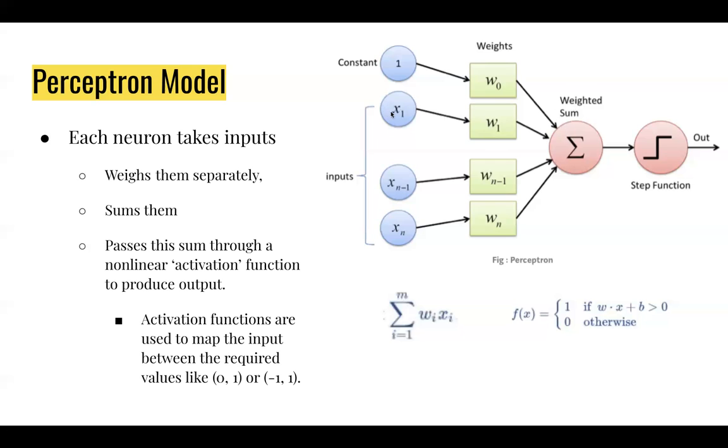Is this something that we think is important? Is this something we want to magnify or not magnify? Is this something we want to change in a positive or a negative direction? How do we want to modify this? That's in essence what we're learning when a perceptron learns.